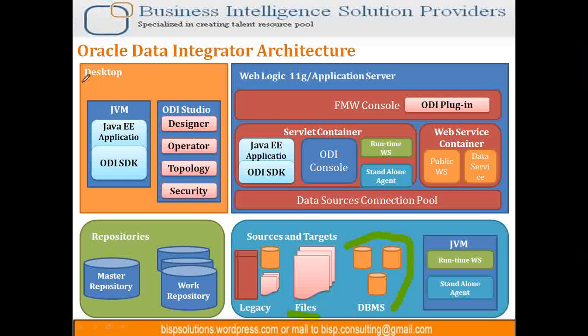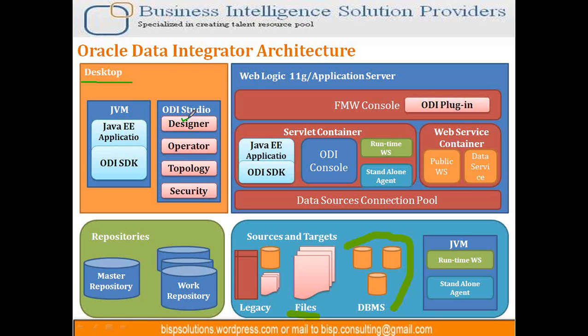Now the desktop client of ODI, which is called ODI Studio, has the designer navigator, the operator navigator, the topology navigator, and the security navigator. Let me tell you one by one why we require these tools and how we utilize them. The designer navigator we use for designing the project, the interface, and the model.